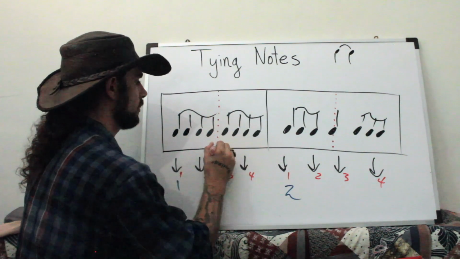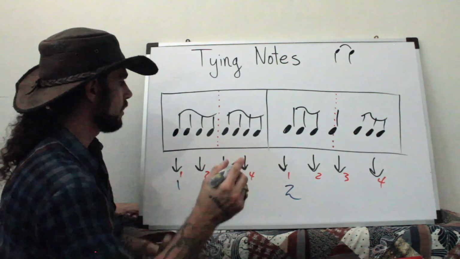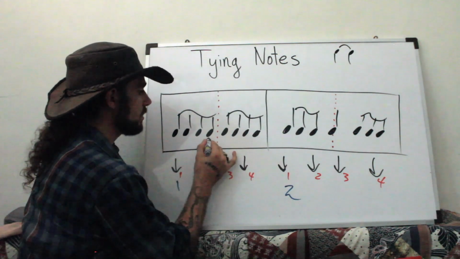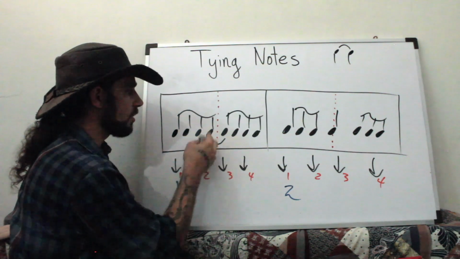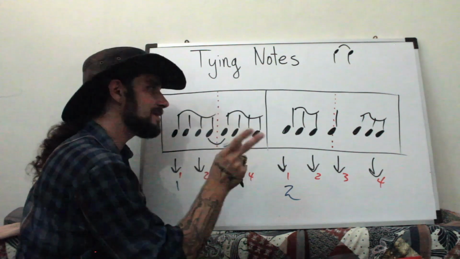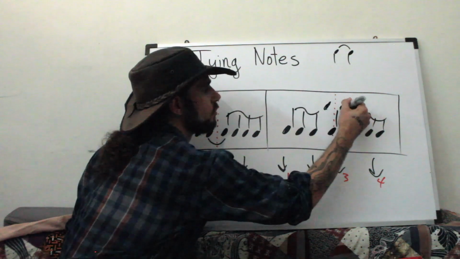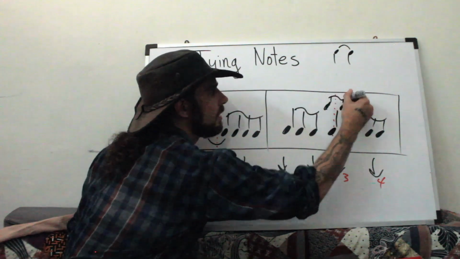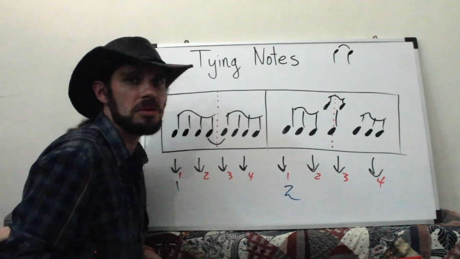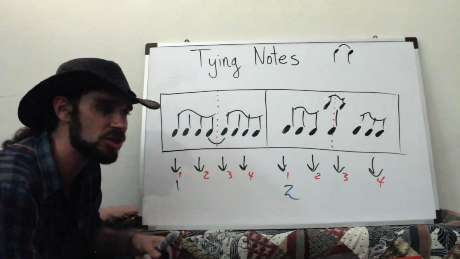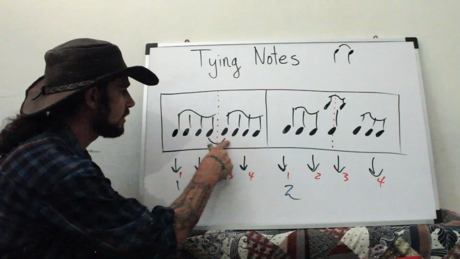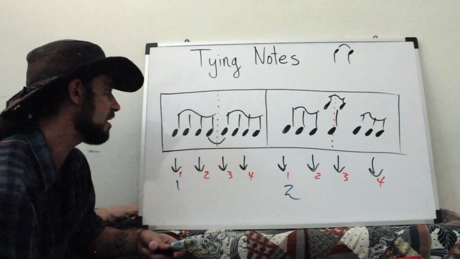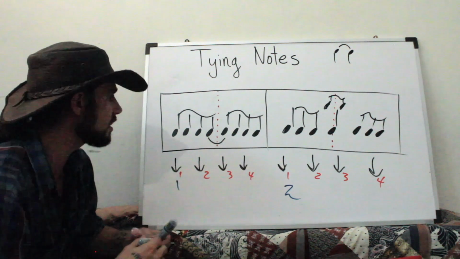But then we can tie these together. And tying 2 notes and crossing that line isn't the same as having 2 notes and beaming them. Beaming 2 notes is creating a visual cliche that's easy for reading. This is actually tying these 2 cliches together. This is perfectly acceptable.